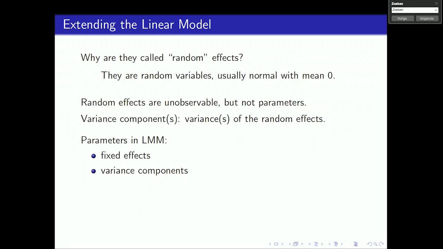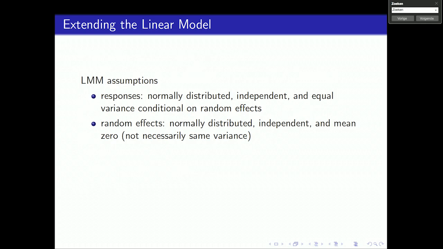All right, so in our linear mixed model, what are all the parameters? We have those fixed effects, and then we have the variance components, which are, again, the variances of the random effects. Now that we've introduced these random effects, we should talk about the assumptions of our linear mixed model. We have some assumptions on the responses, and some on the random effects.